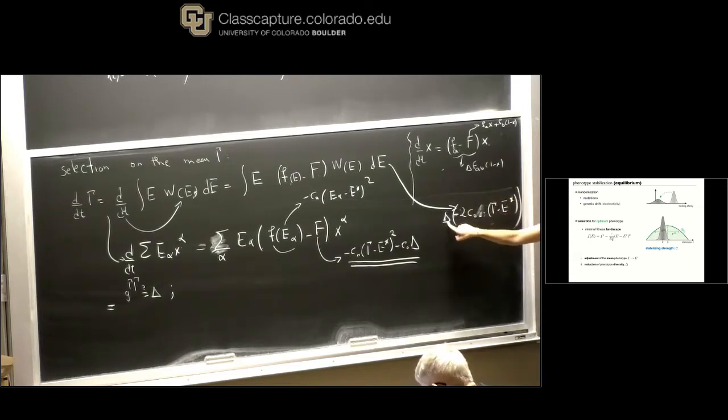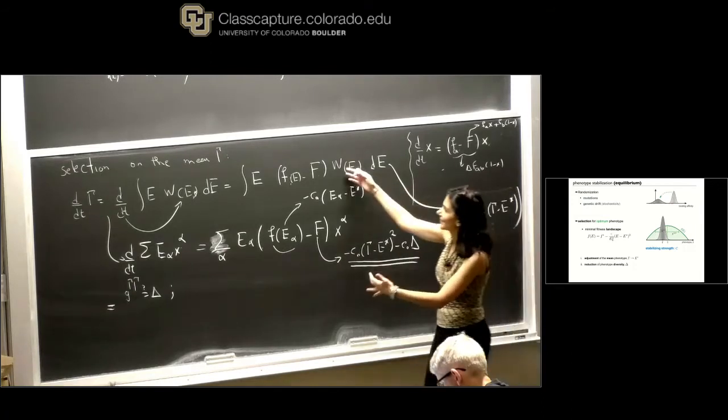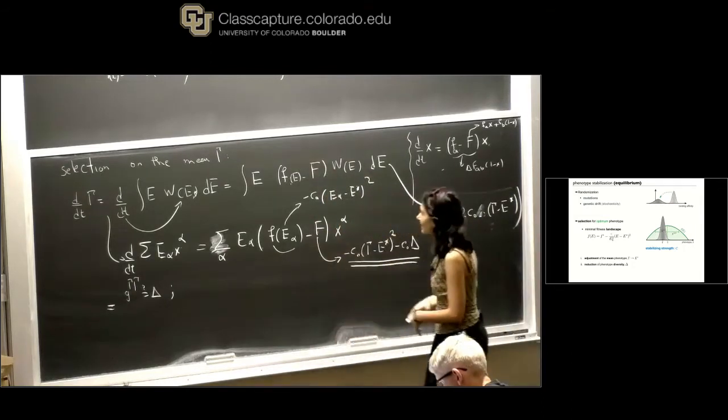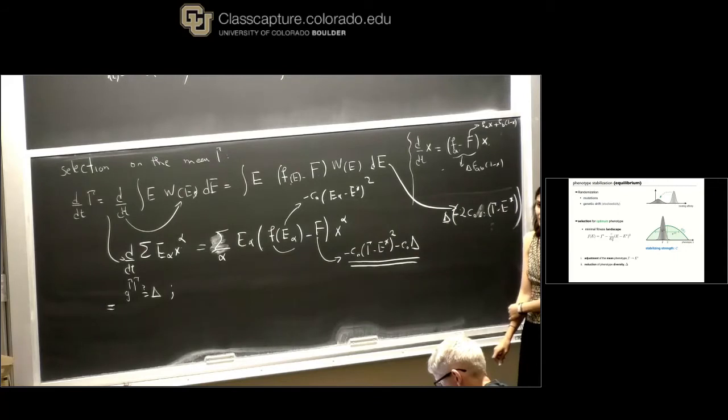And this is your covariance. Okay. But you can calculate this, right? So that's the easy thing to do. It's a Gaussian integral to calculate. All right.